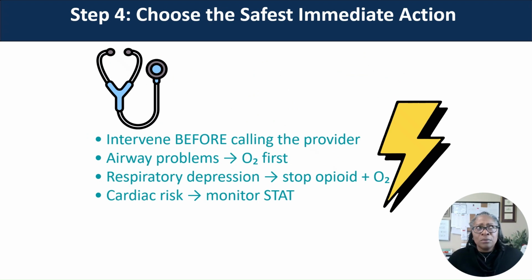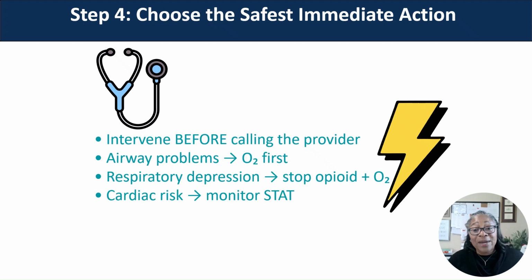So what's the safest thing to do? When a patient is unstable, you pick an intervention before calling the provider. Before I start with these examples, understand when your patient is deteriorating, you need to assess quickly, get some vital signs, and then perform an intervention. If the patient is hypoxic, please put some O2 on before calling the provider.